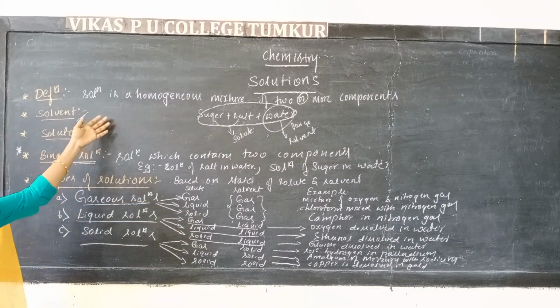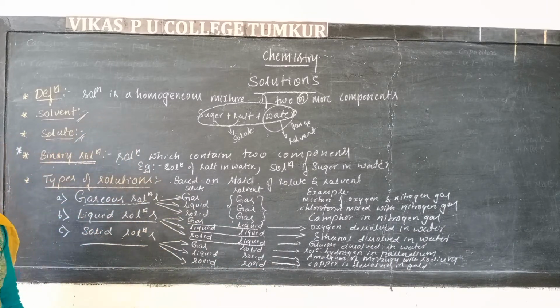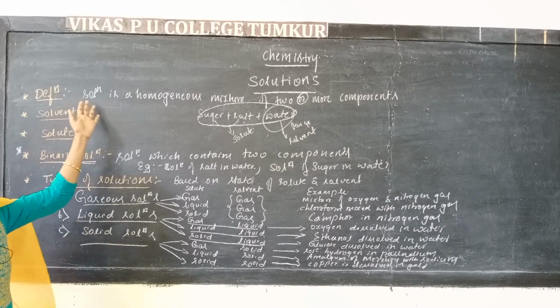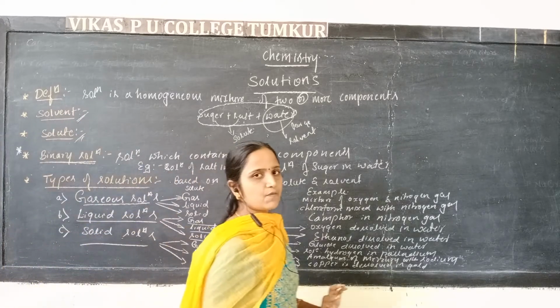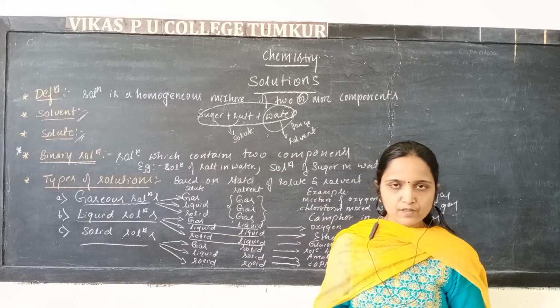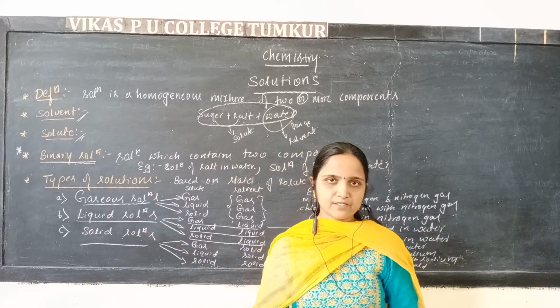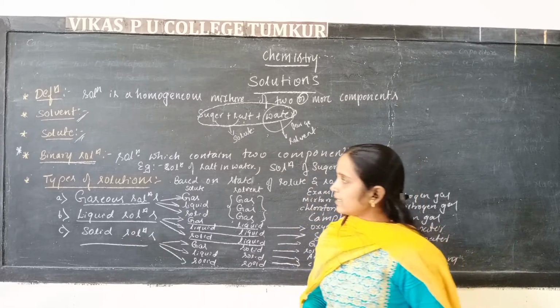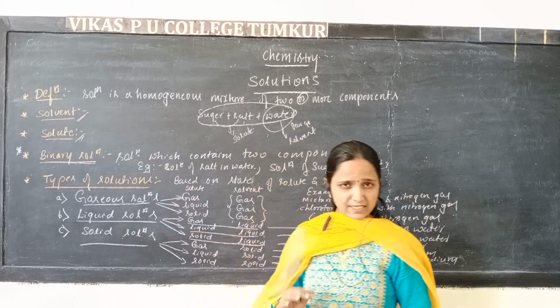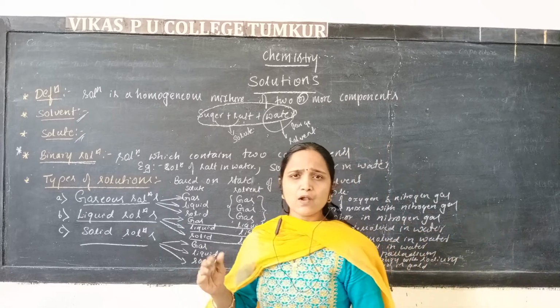This is about the few terms and types of binary solutions. We know the definition of a solution: a solution is a homogeneous mixture of two or more components. Solvent means the component present in the large quantity.